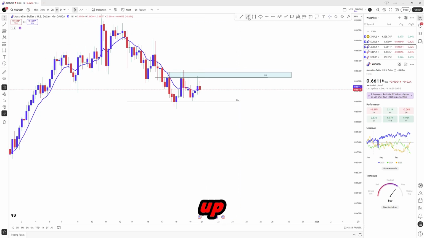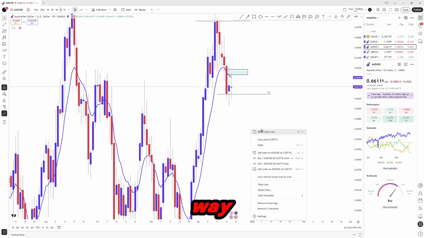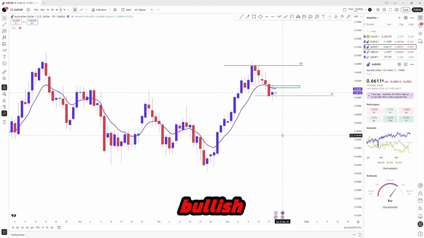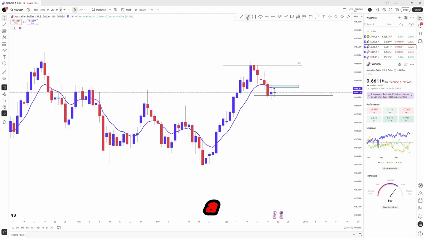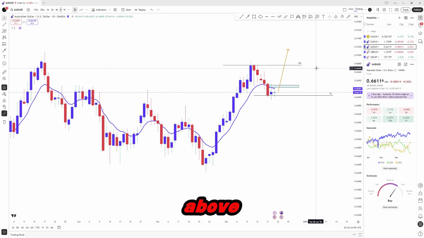What I would like for this market to do is come up to this zone, retest, to create a new lower low. The only way this will shift back to bullish is if we get a daily close above our new lower high.